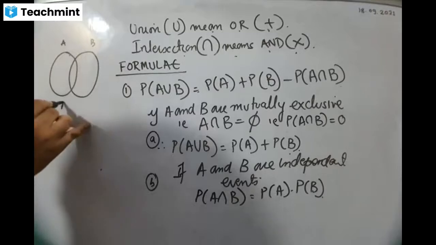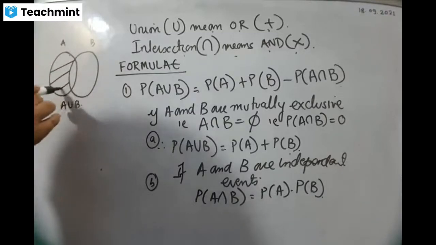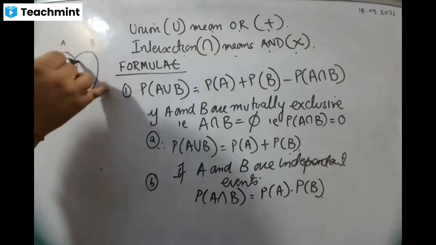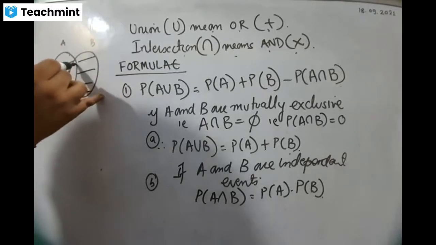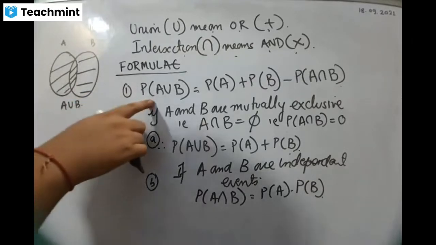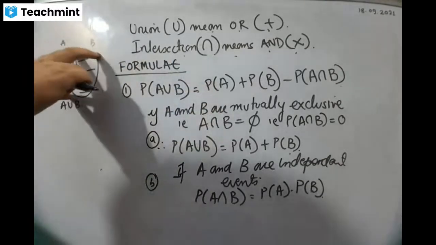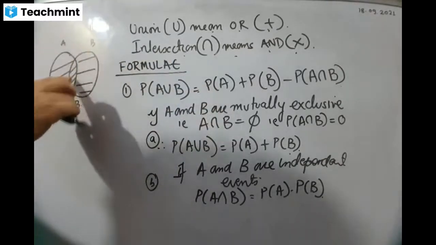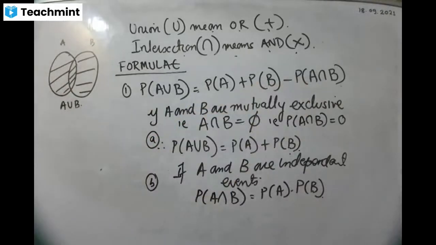If I say A union B, I mean all the elements of A, all the elements of B, and the elements common to A and B. That means the whole thing. That is why probability of A union B will be probability of A taken fully, plus probability of B taken fully, but since the common region is taken twice, minus probability of A intersection B.